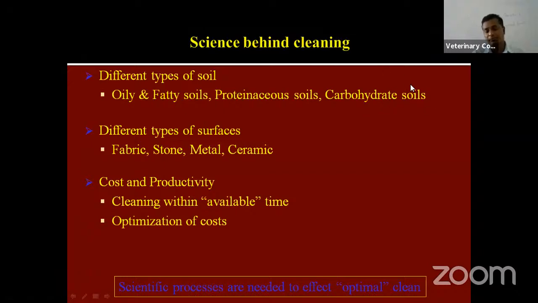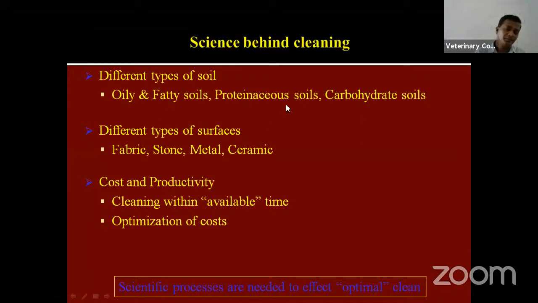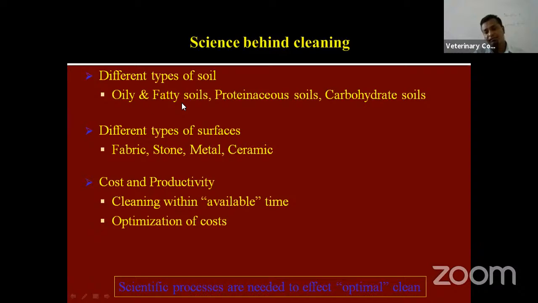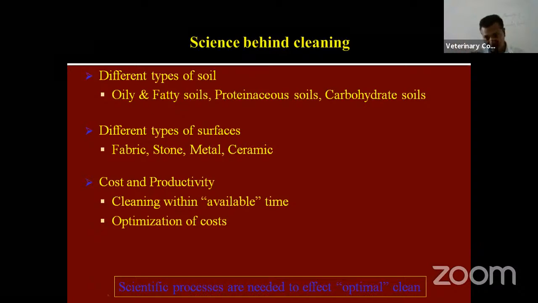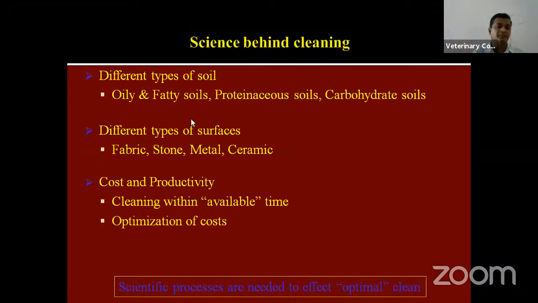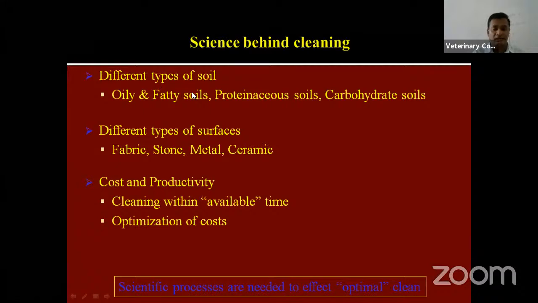Carbohydrate soil, when it has not been subjected to higher temperature, is very easy to remove compared to proteinaceous soil. And oil and fat tend to adhere to the surface. You need a process wherein no residual lipid remains. Otherwise, that is associated with smell, microbial growth, or other changes which are detrimental.